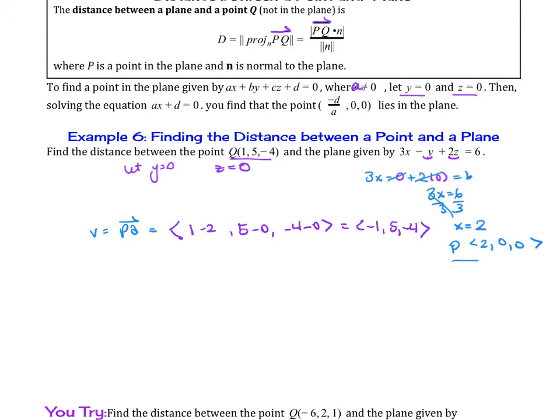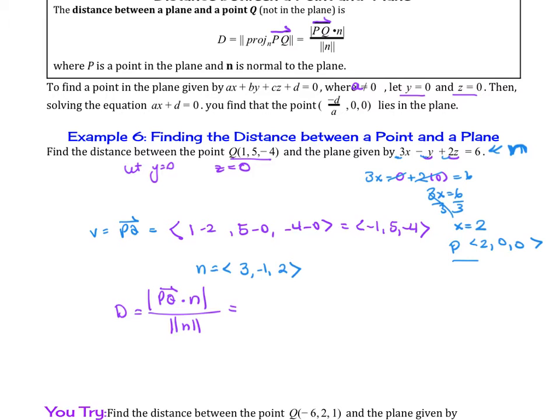Now the normal vector. n is normal to the plane, so we just take the coefficients, and therefore n equals 3, negative 1, and 2. To find the distance, this is going to be the vector PQ times n over the magnitude of n. We found everything we needed.